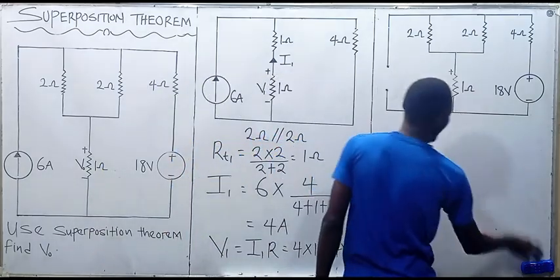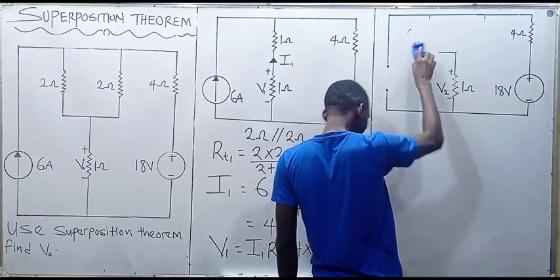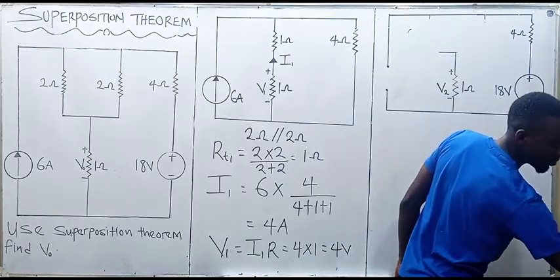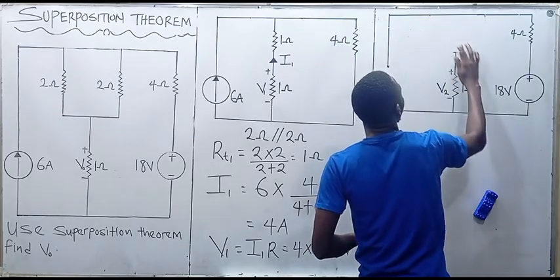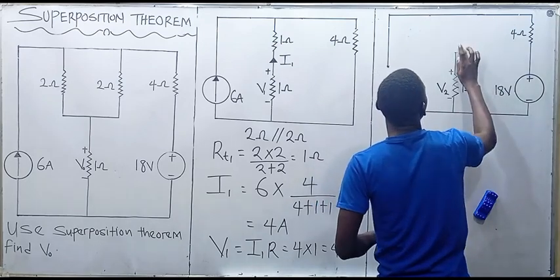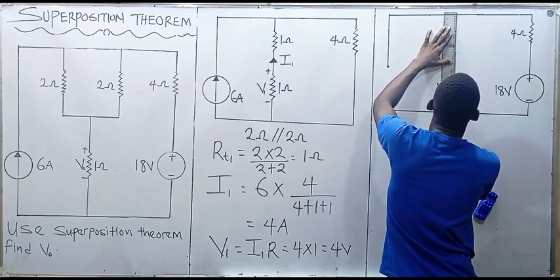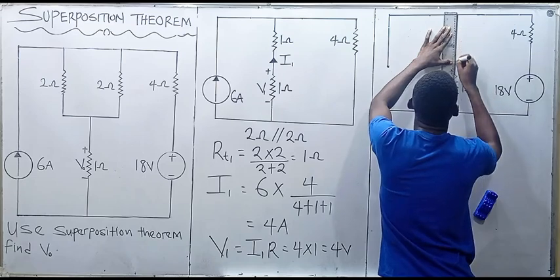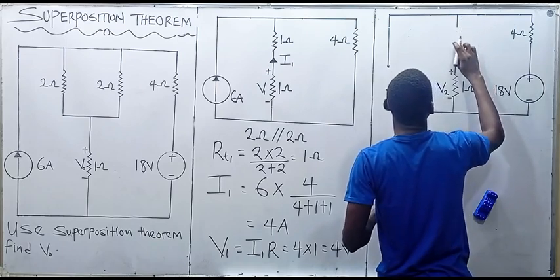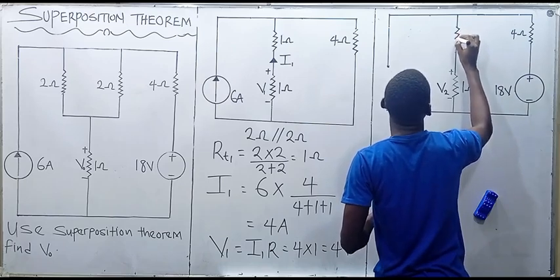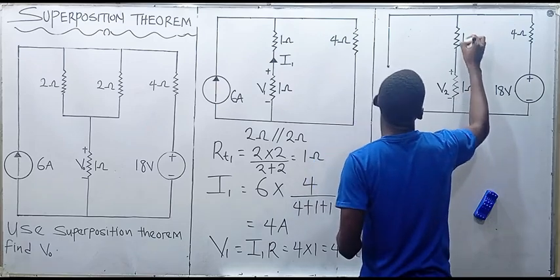So we are just going to remove this, and let's just join it to be in alignment with what we have here. All right, so we have this to be 1 ohm.